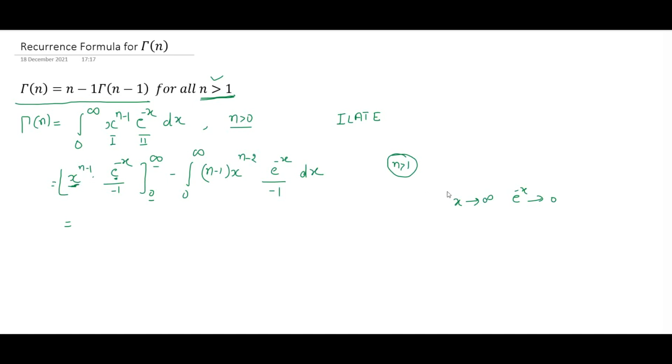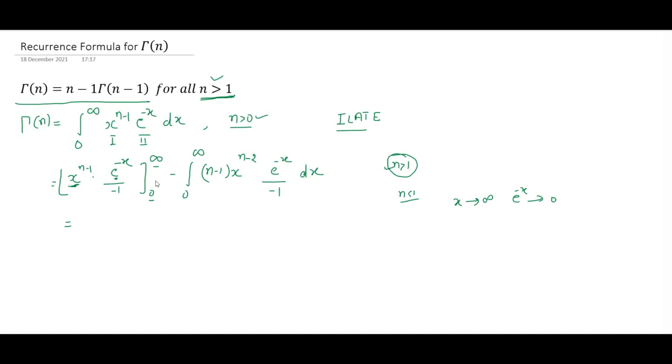But if n is not greater than 1, then this goes to the denominator with a negative power, so x equal to 0 will not give you the 0 value. So that's why when we apply the integration by parts formula, the condition n greater than 0 is converted into n greater than 1.